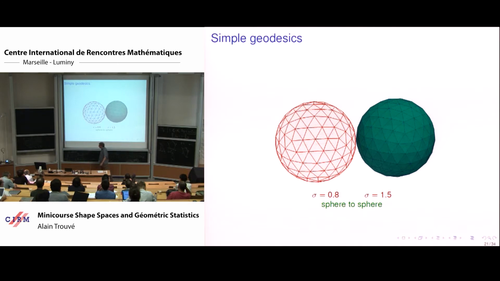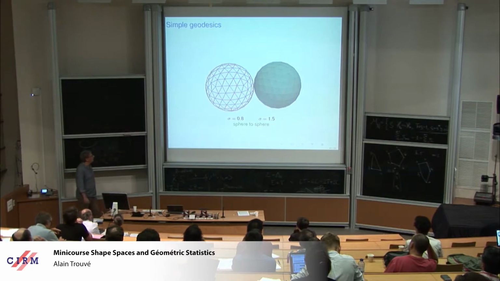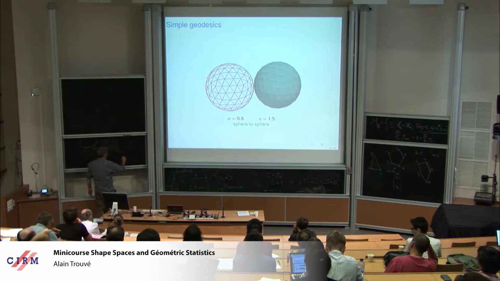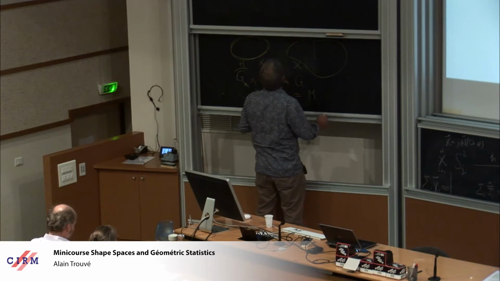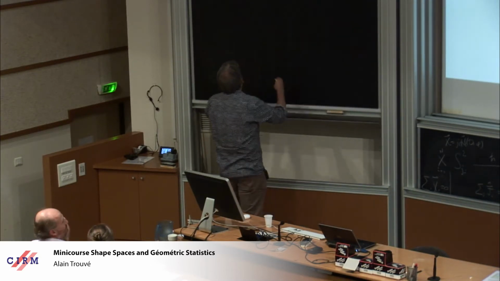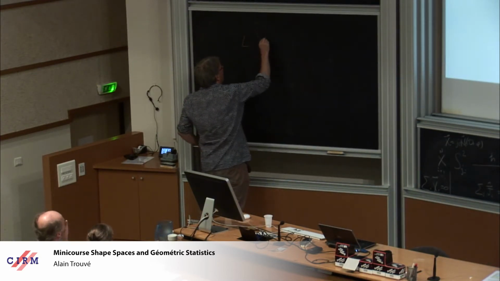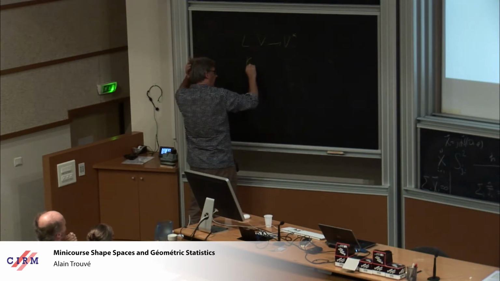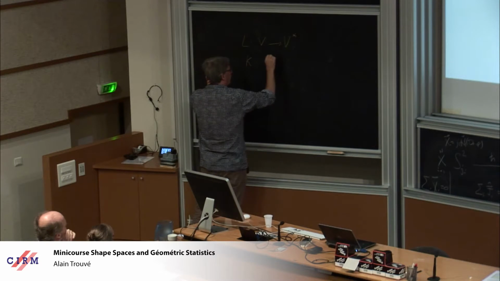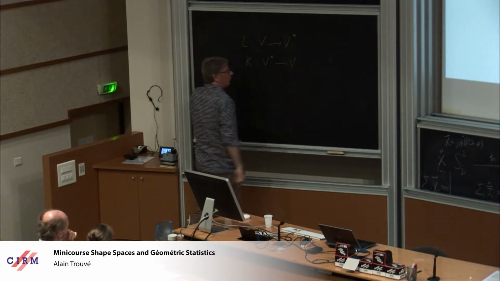So I have no time to speak about kernels, but the kernel metric is the following: you start with a Hilbert space, which is a reproducing kernel Hilbert space. And so you have a kernel K, which is, in fact, you have your mapping between the vector space and the dual space, and K is the inverse mapping, which gives you the kernel.